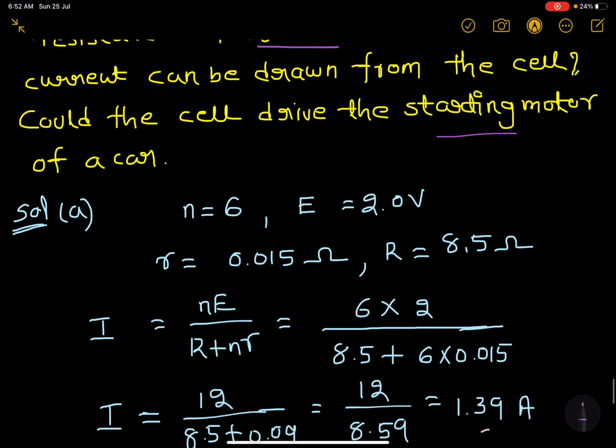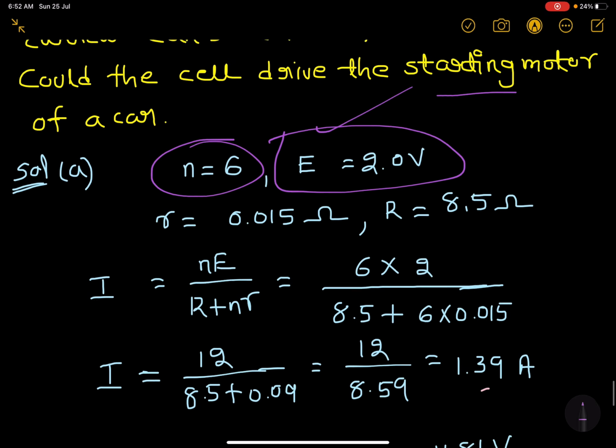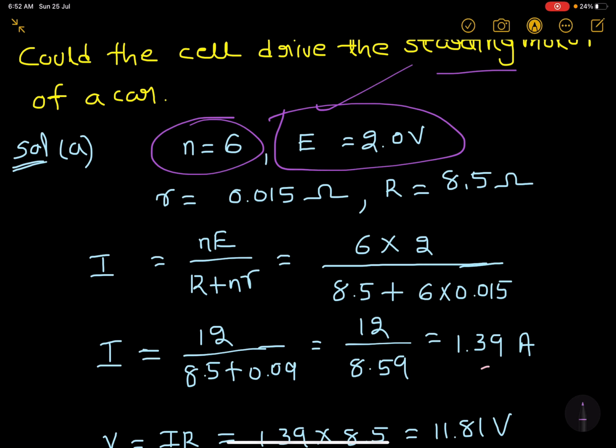So in this, the data given: number of secondary cells is 6, EMF of each secondary cell is 2 volts, internal resistance is 0.015 ohms, and the resistance joined in series is 8.5 ohms.